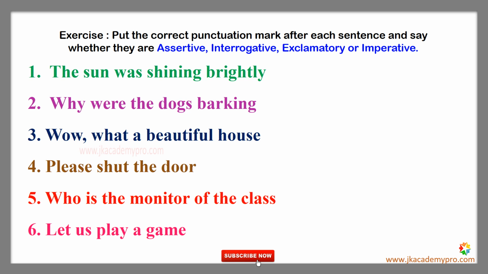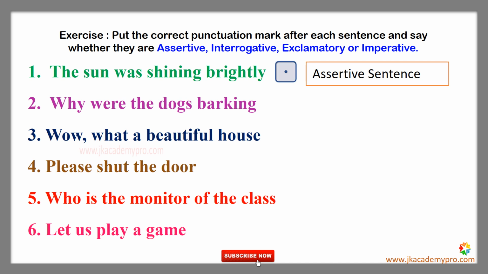Exercise 1. Put the correct punctuation mark after each sentence and say whether they are assertive, interrogative, exclamatory, or imperative. The sun was shining brightly. This is an assertive sentence, and so we will end it with a full stop. Why were the dogs barking?